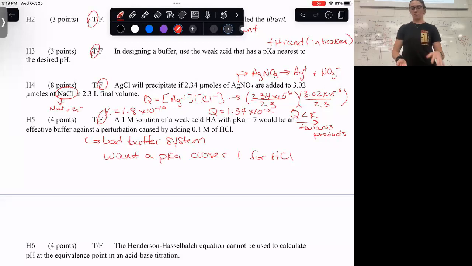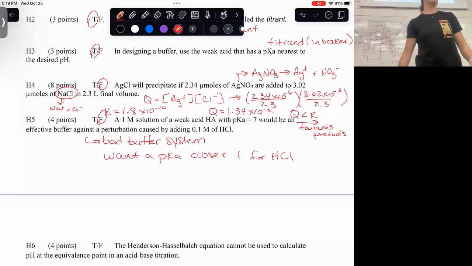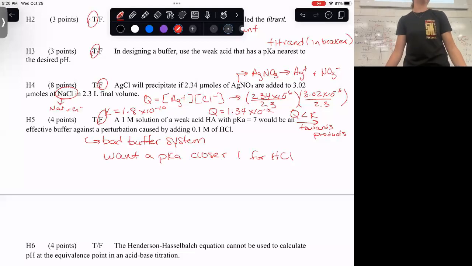If we had something in the micromolar range of HCl, we could find what the concentration of H plus would be and what the pH would be. If the pH of that is very close to your pKa value, then you probably are going to be okay. But since this is a pretty high concentration of a strong acid, the pH will be just too low, getting you out of that buffer range.